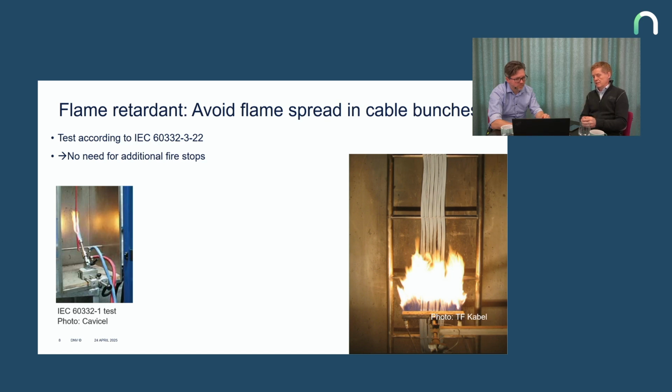And in the DNV rules, we always require at least the single flame retardant test. But in that case, if you only comply with the 60332 part 1 test, then you need additional fire stops. But when you comply with the part 3 bunch test, then you don't need the fire stops. So it's easier installation, easier for the yards, easier for the surveyors, everybody, because when you use the 606 cables, this is complied with.